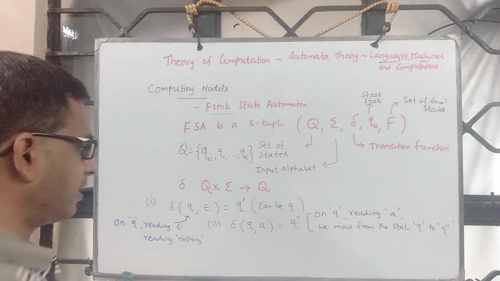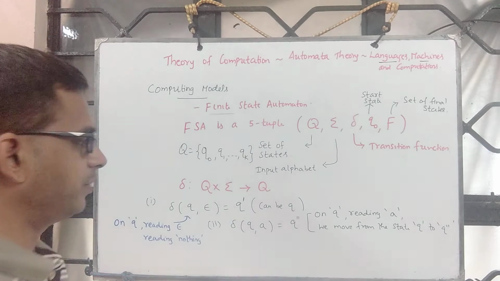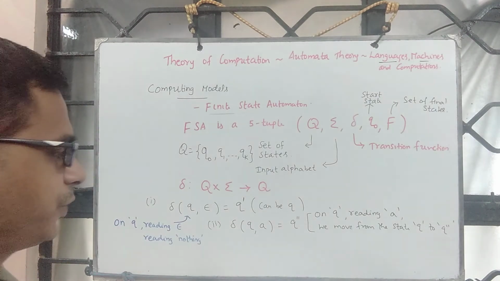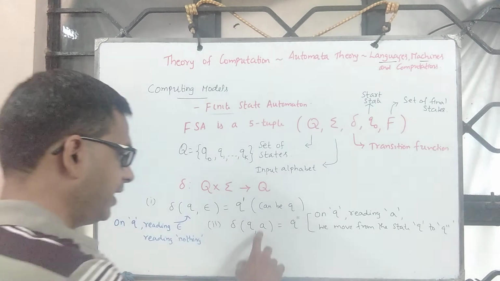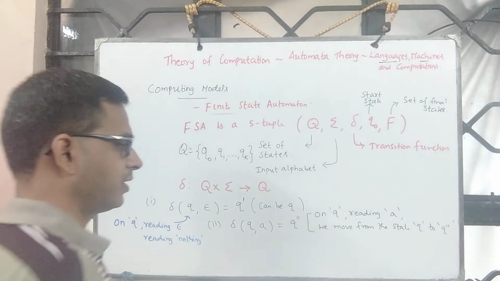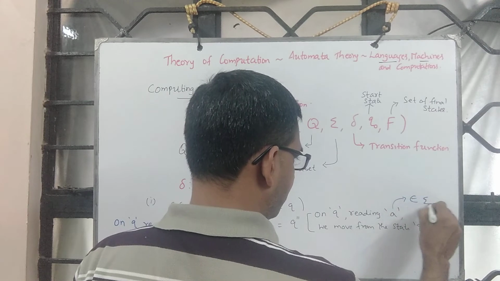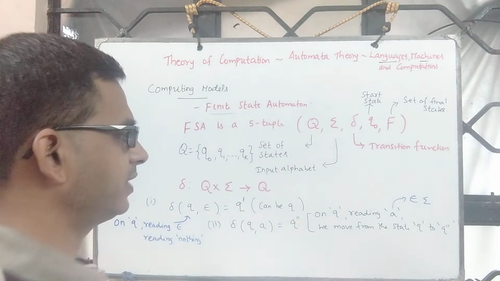So when I say delta of Q comma A is Q double prime, we move from Q to Q double prime on reading the symbol A. And where is this A coming from? A comes from the input alphabet sigma.